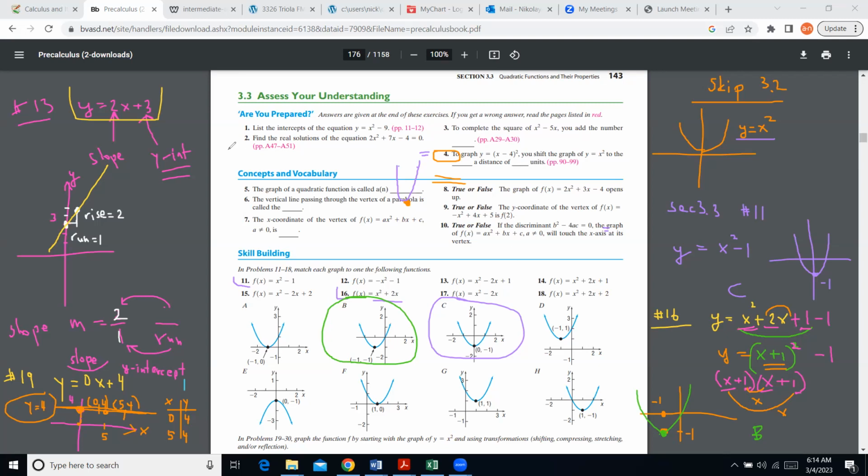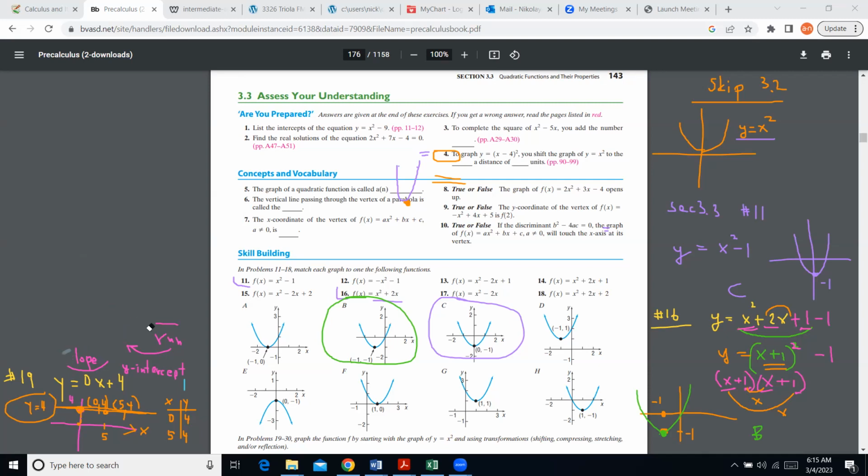So what I just did, I completed the square. And that's not a very obvious procedure. So today I just want to practice completing the square so we can get graphs of various little parabolas.